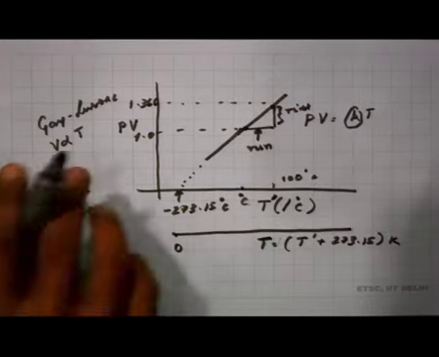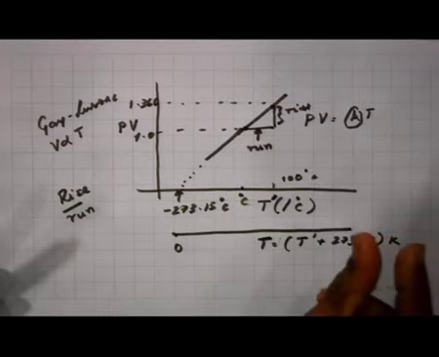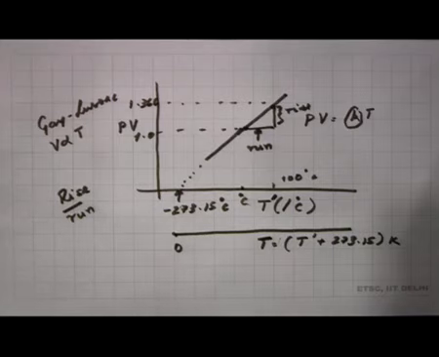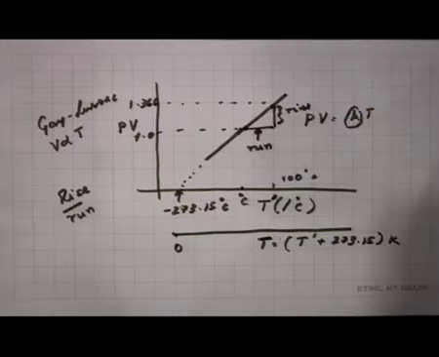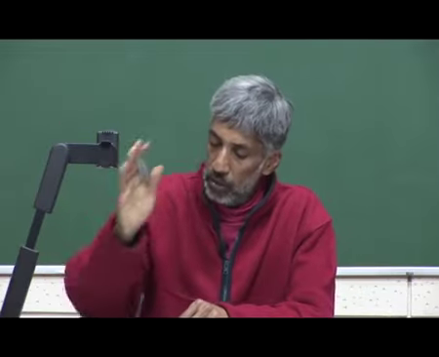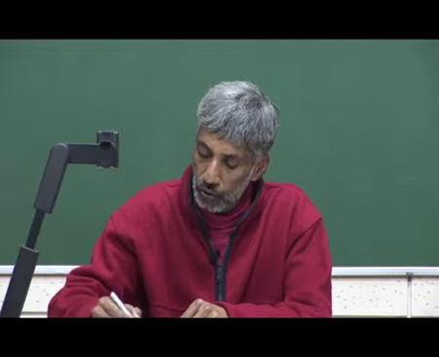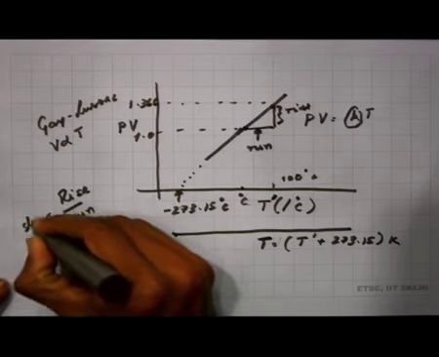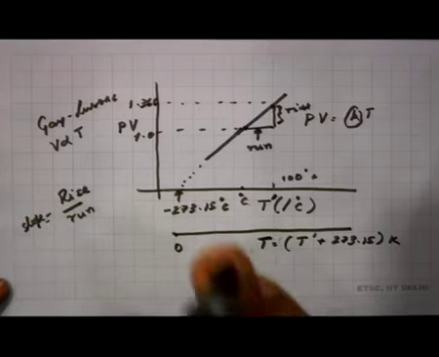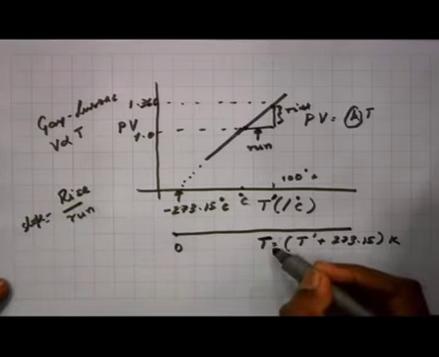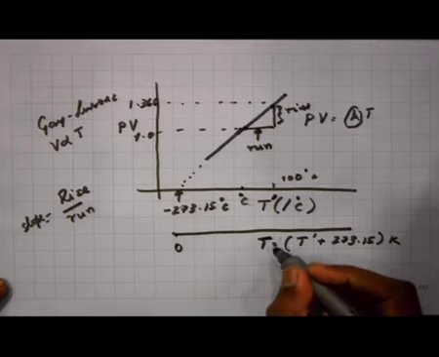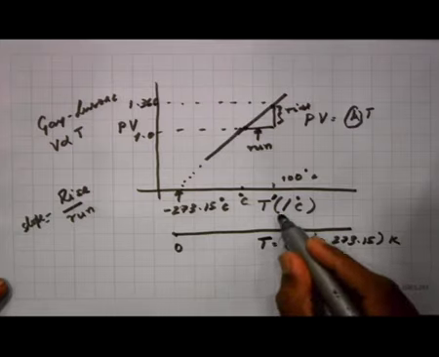For every degree rise in temperature, how much is the slope of this line? The higher this slope is, the more sloped this is. So, rise over run is equal to the slope. Just mind you that we are plotting it against the absolute temperature, not the Celsius.